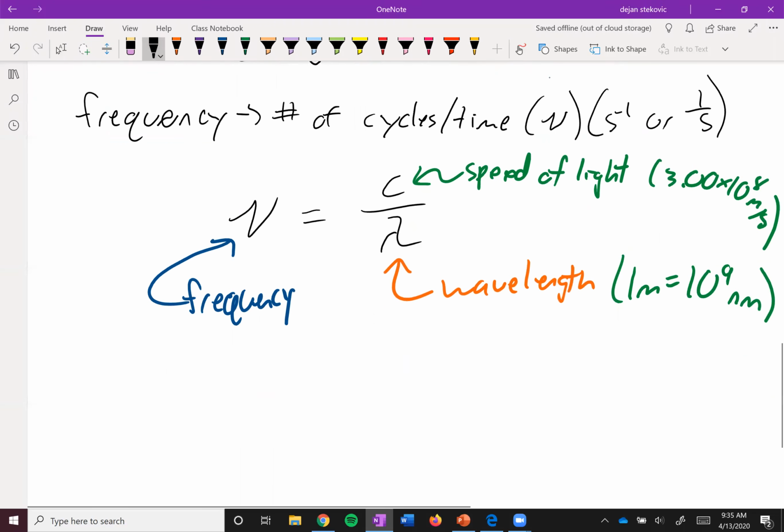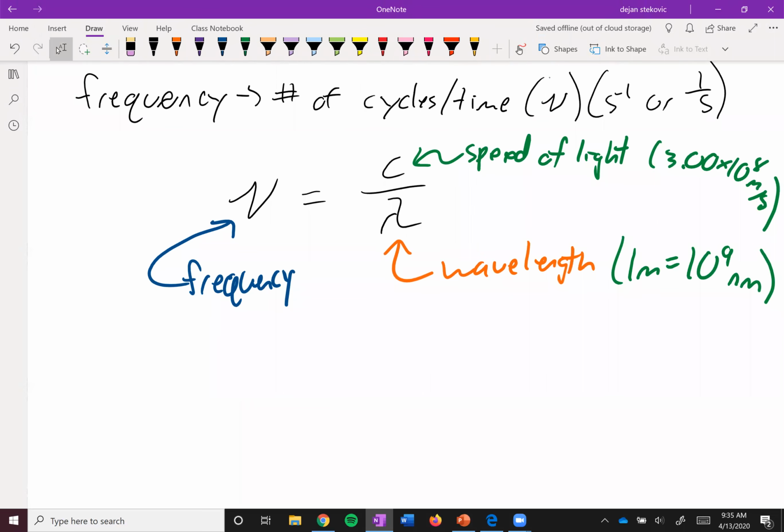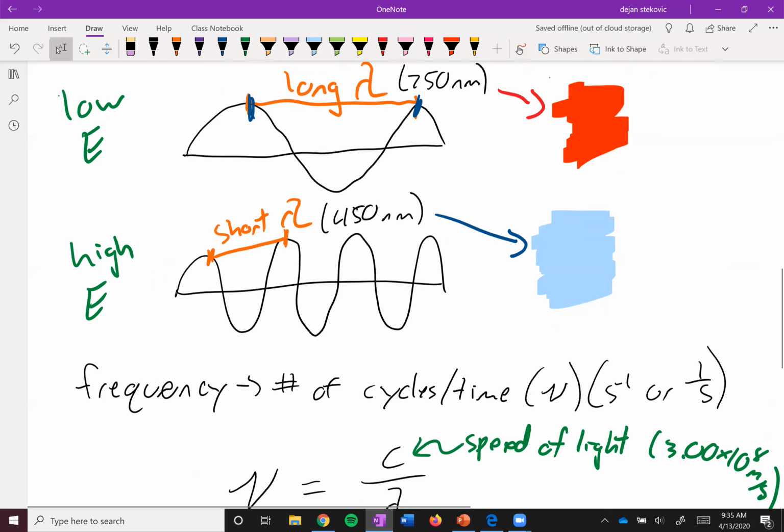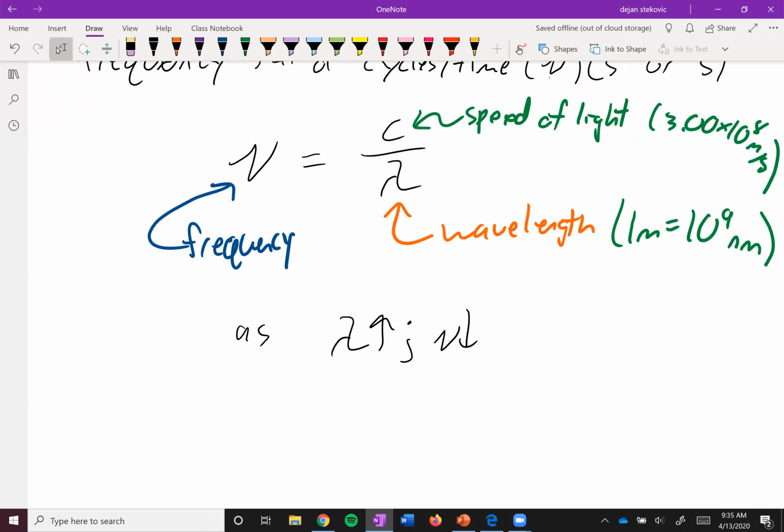And so one thing we can notice here is that these two are inverses of one another. So as wavelength increases, frequency decreases, right? As these waves get longer and longer, less of them pass a certain point per second, and vice versa, right? So as lambda decreases, as wavelength gets shorter, frequency increases. And then we can continue on and say stuff about their energy as well.